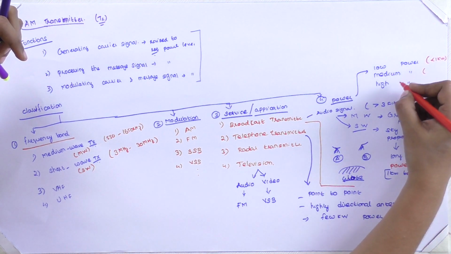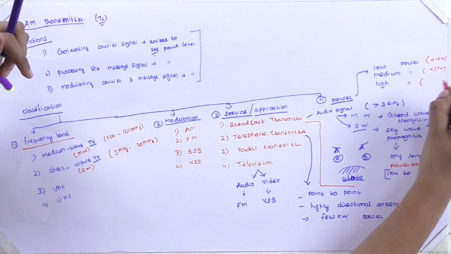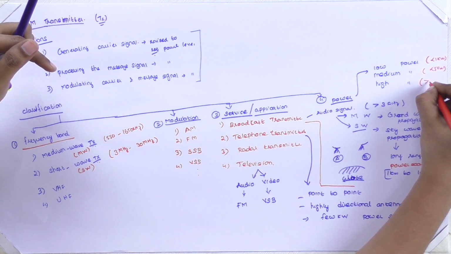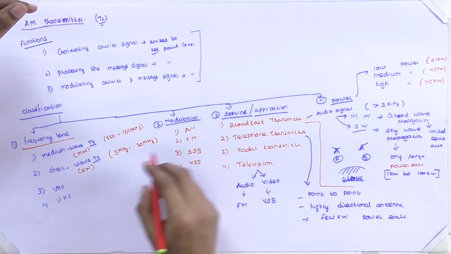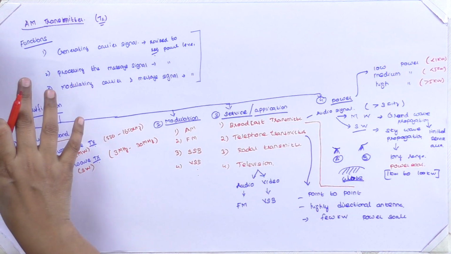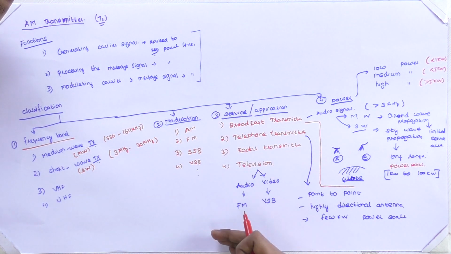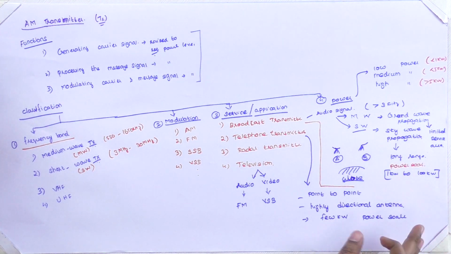If less than 5 kilowatt, it is a medium transmitter. If greater than 5 kilowatt, it is a high power transmitter. These are the 4 important classifications of transmitter, based on frequency, modulation, application and power.